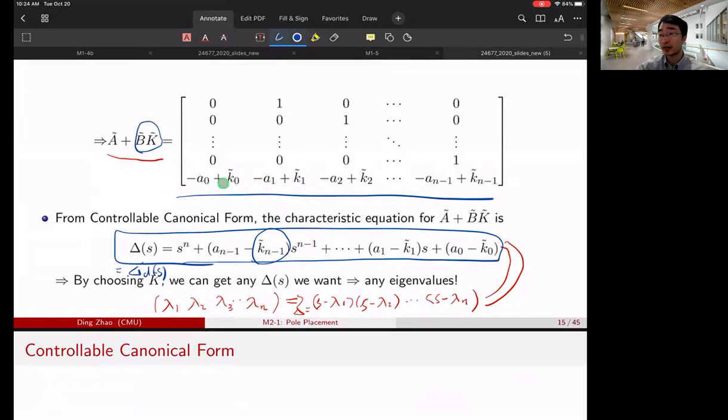When you take the polynomial times a minus sign to here, this is what you get. So this is our final characteristic polynomial in the controllable form, and you just need to compare this one with your desired polynomial, and you tune the k tilde such that you make these coefficients your desired coefficients.